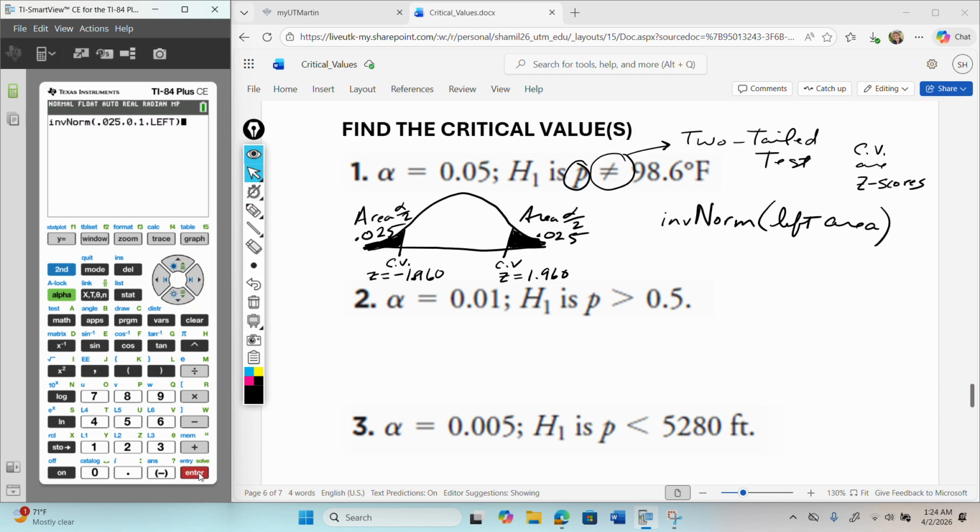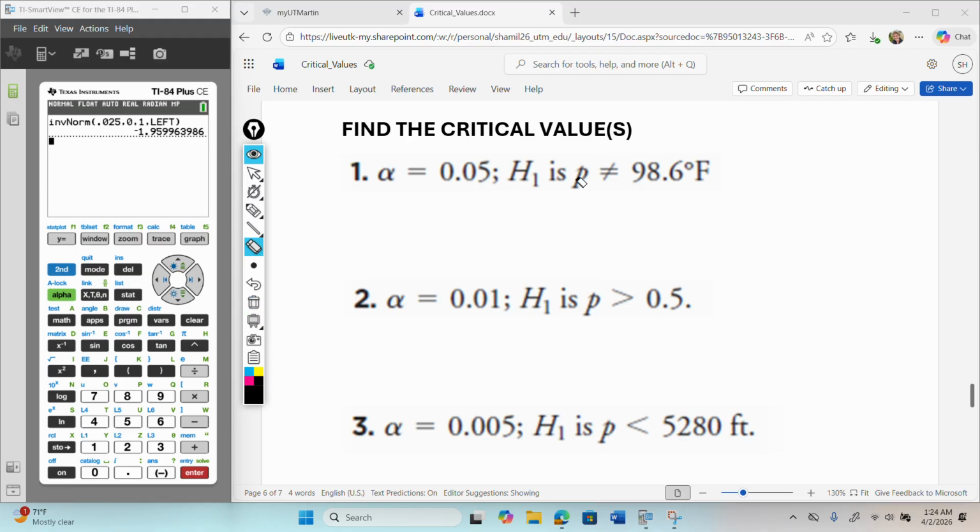Paste that in. Okay, and we get the same answer. So for this one, we had two critical values, and they were plus and minus 1.960.